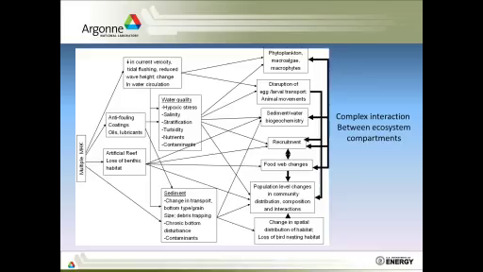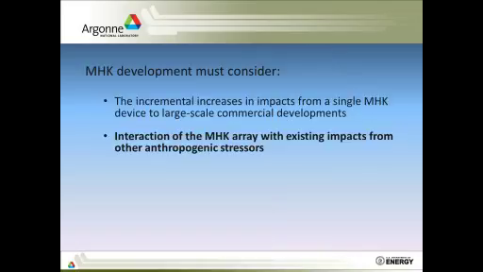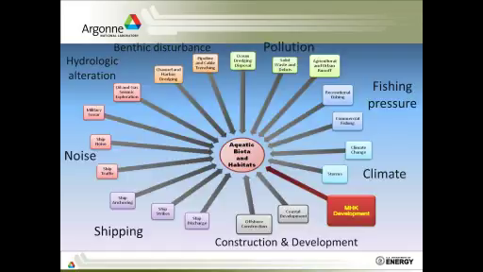Okay, so again, complex feedback between the different compartments. So I'm going to just quickly introduce some of the potential for interaction of MHK arrays with existing anthropogenic stressors. As we heard with the cadastre issues, there's a lot of existing human use in the marine or aquatic environment, and a lot of existing stressors.